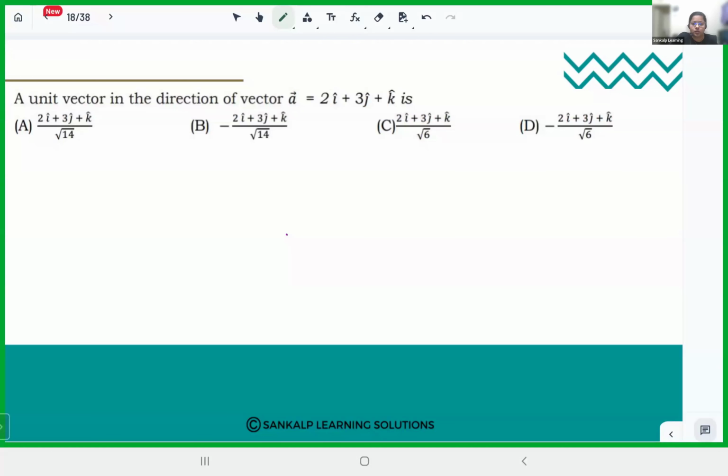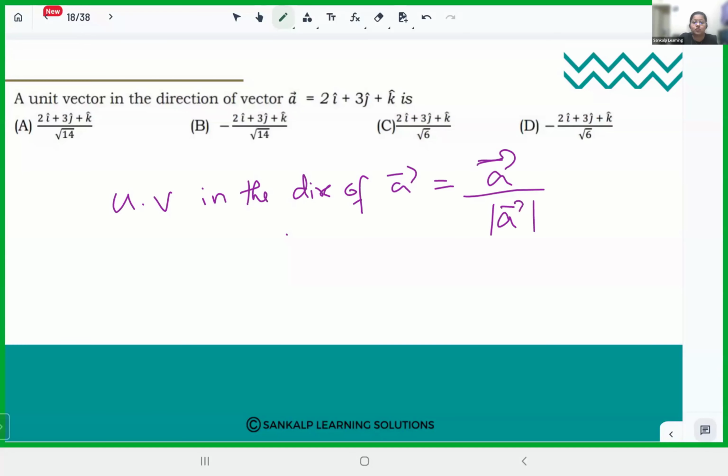That should be a unit vector also. It is nothing but the unit vector in the direction of vector A, which is equal to vector A by magnitude of vector A.